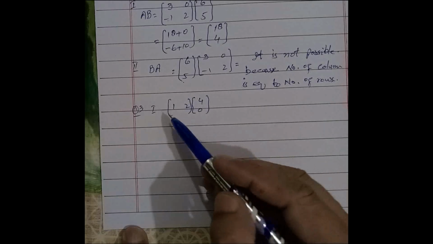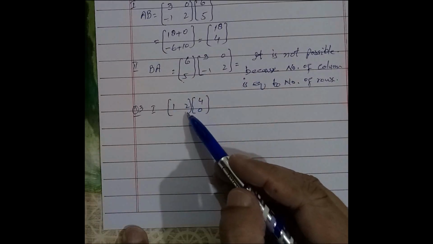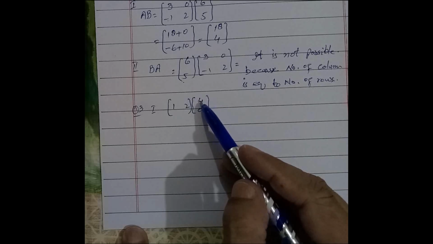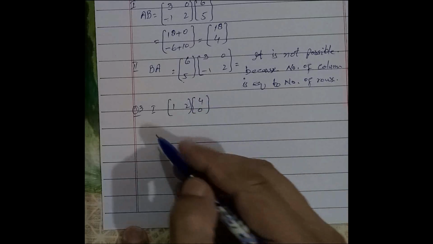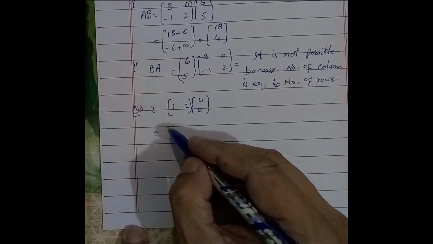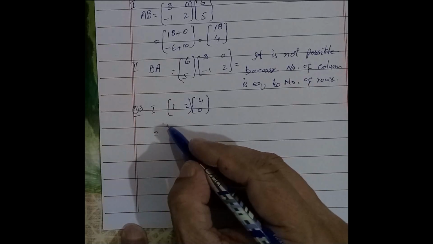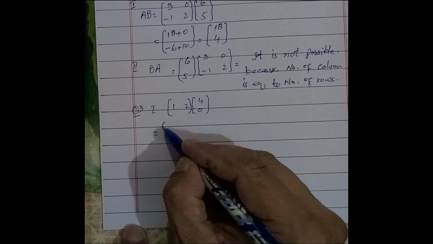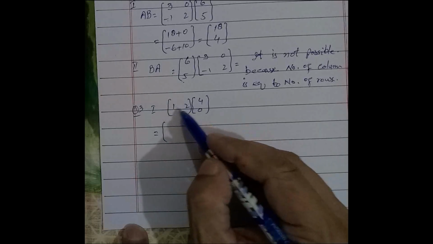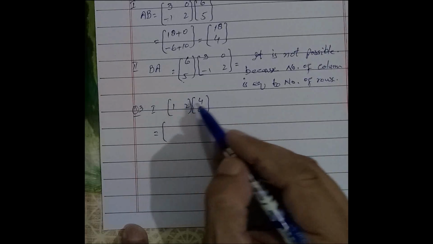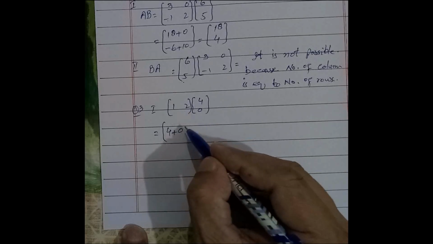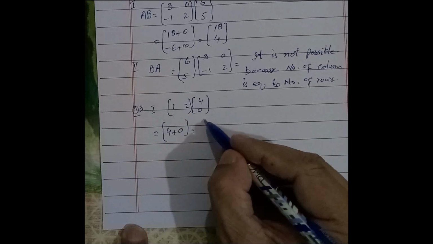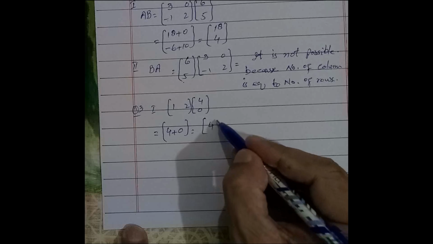According to the rule, the first matrix has 2 columns and the second matrix has 2 rows. They are equal, so they are conformable for multiplication, and we multiply these values. The first row with the first column: 1 multiplied by 4 is 4, plus 2 multiplied by 0 is 0. And the answer is 4 plus 0, which is equal to 4.